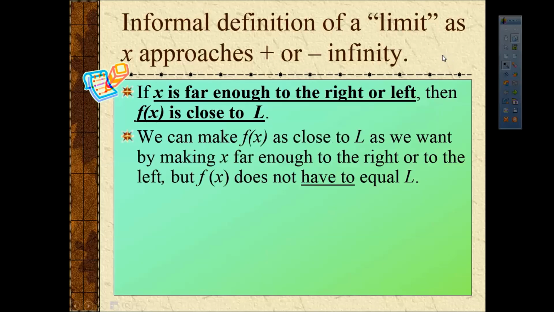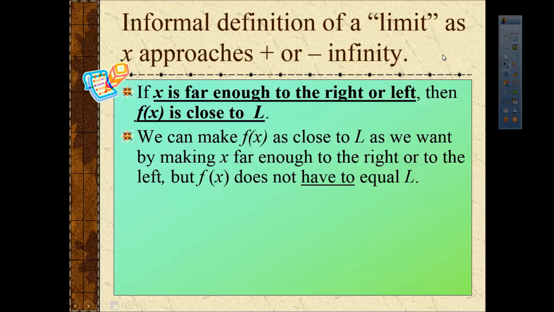Our second condition, we can make f of x as close to L as we want by making x far enough to the right, or in the case of negative infinity, going far enough to the left. But f of x does not have to ever equal L. We saw this in the example that we could get very close to 2.